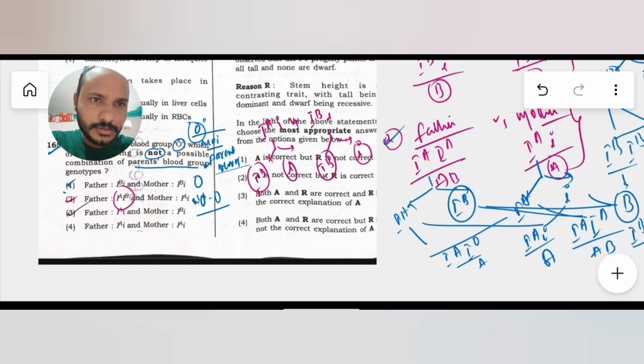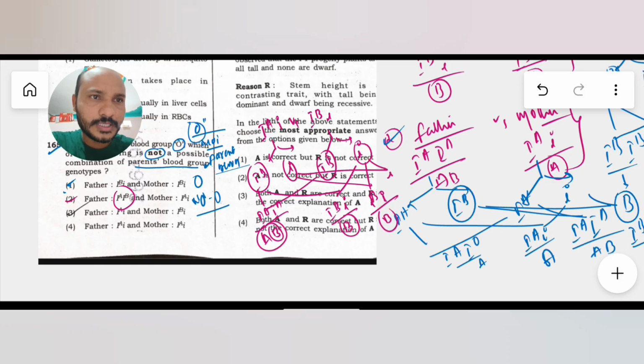Cross multiply: IAIB means AB blood group, IAi means A blood group, IBi means B blood group, and finally ii means O blood group. Here we have O blood group.